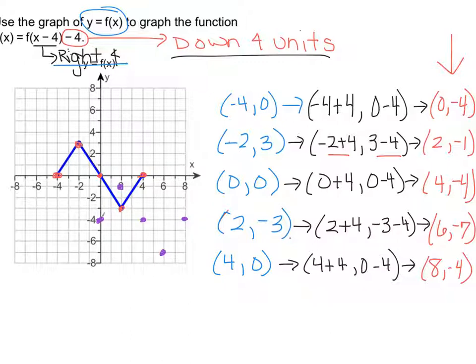And it's going to follow the same shape as my original graph. So the purple graph represents my graph of y equals f of x after the transformation of moving right 4 and down 4 units.